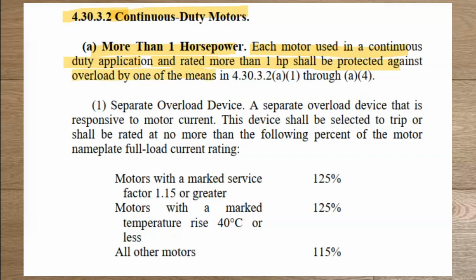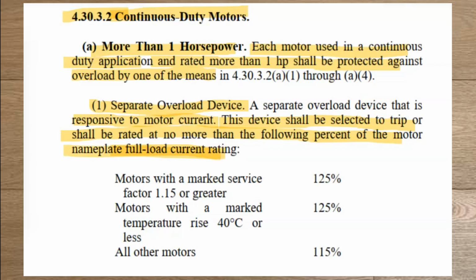Number 1, a separate overload device that is responsive to the motor current. This device shall be selected to trip or shall be rated at no more than the following percent of the motor nameplate full load current rating.